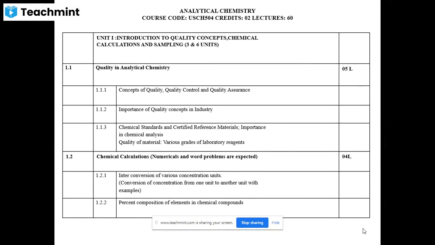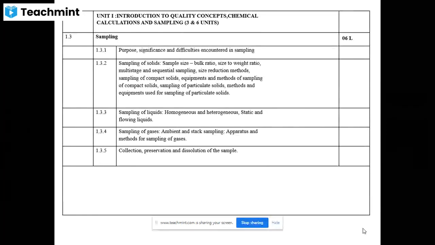And in the third part of this topic, we have to talk about the chemical standards and the certified reference material, its importance in the chemical analysis. Then we will talk about the quality of the material. In that we have to discuss the various grades of the laboratory reagent. One by one we will move further.